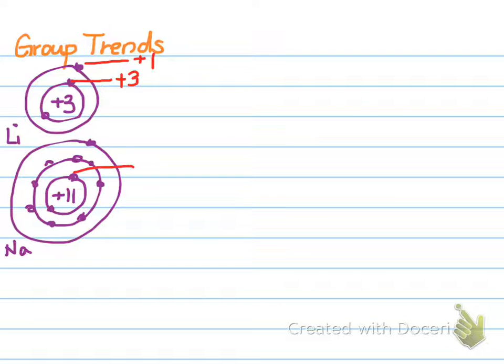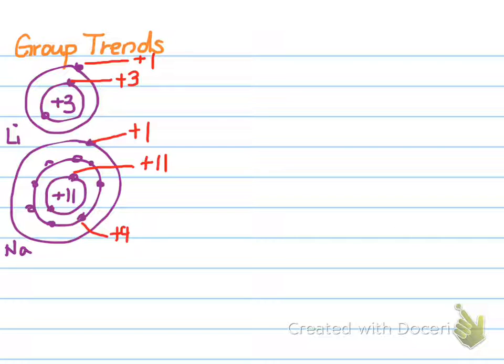When I look at sodium, my first energy level has a +11 pull because there's no shielding. In our second energy level, I have shielding of 2, so I have a +9. And when I get to my third energy level, I have 2 electrons in my first energy level, 8 in my second, so I have 10 electron shielding, which gives me a pull of +1.